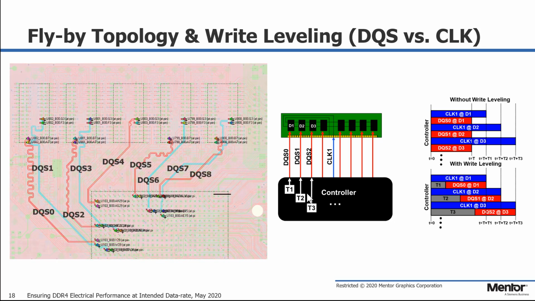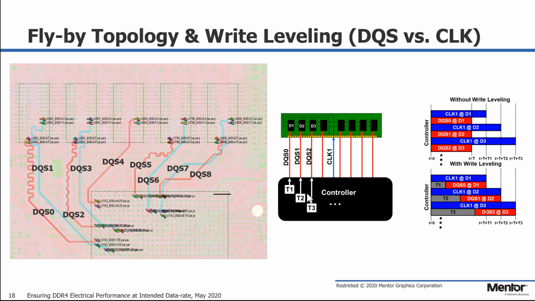But the DQS signals are routed with point-to-point topology as shown here. JEDEC requires that clock and DQS arrive at each DRAM pin within a certain tolerance, but the flyby topology introduces large skews between those signals at each DRAM.